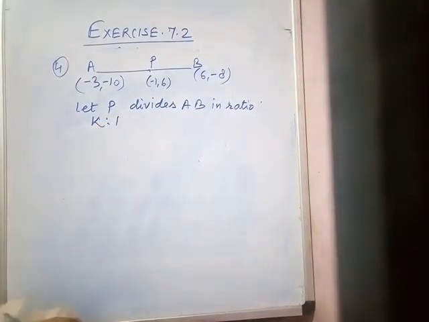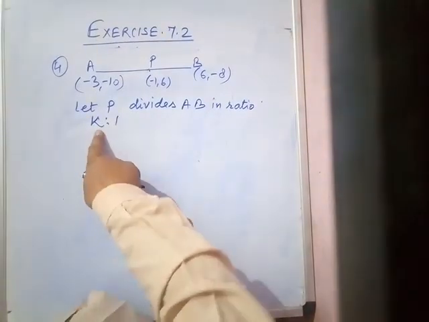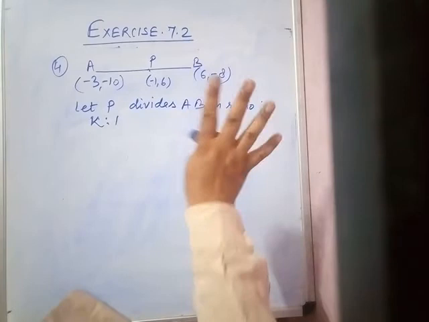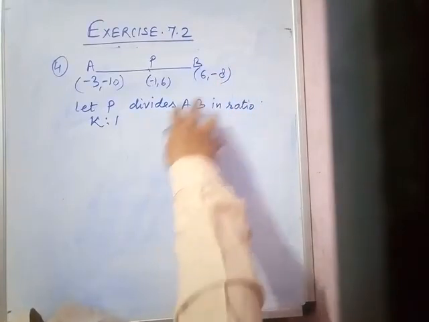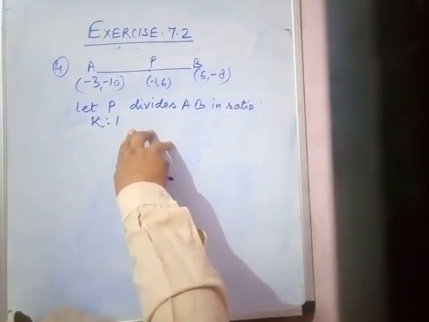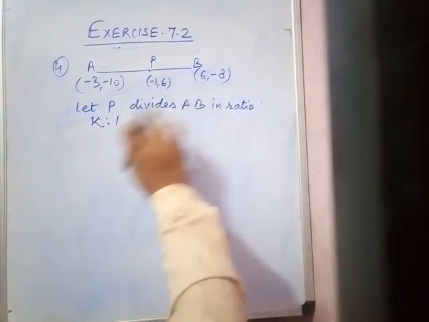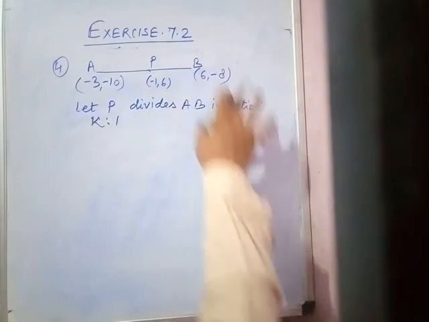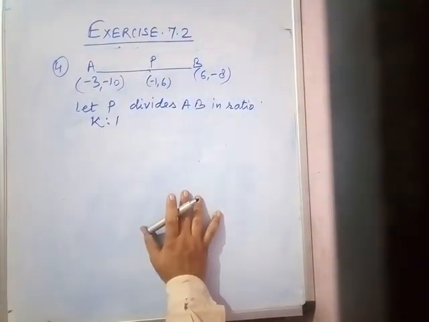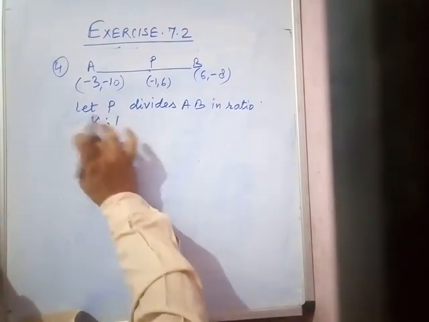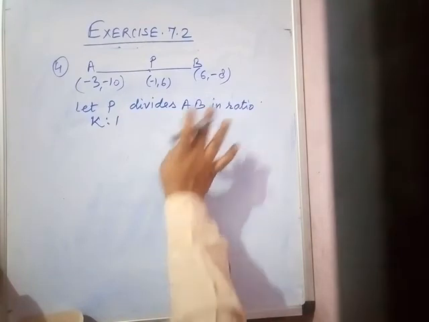Here we suppose the ratio is k is to 1 as we take only one variable. In the case of m1 and m2, we have two variables. So to minimize the solution, we need to take one variable, so the solution becomes easy. Now let P divide AB in ratio k is to 1. So here the value of k is the required ratio.